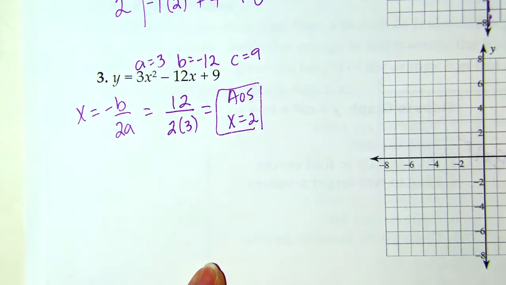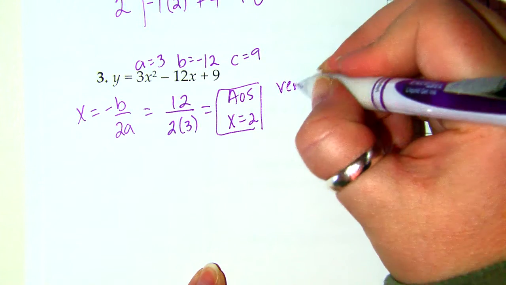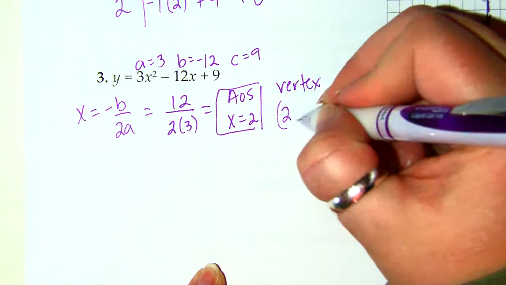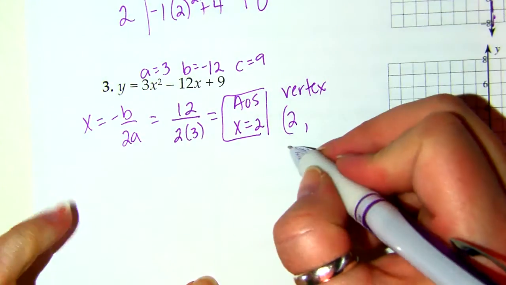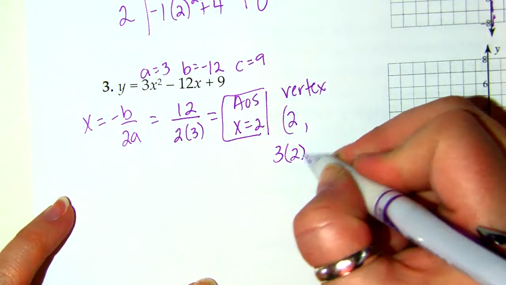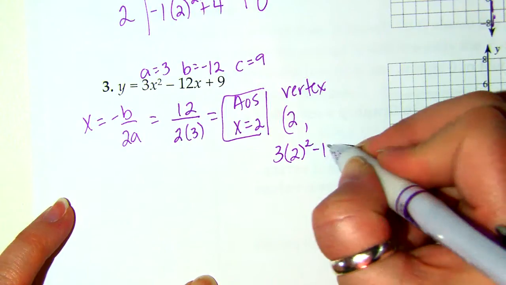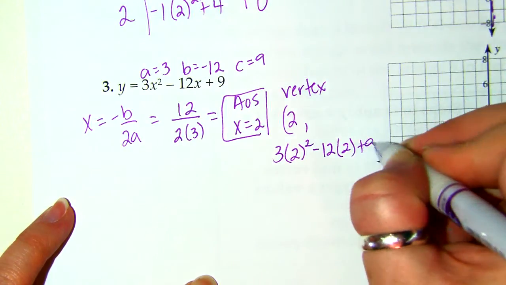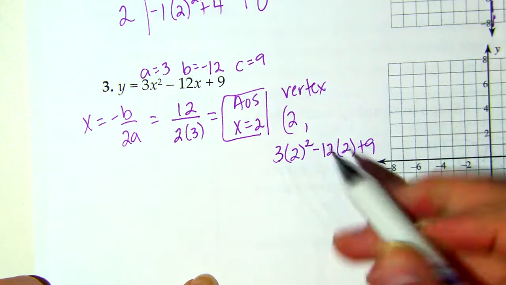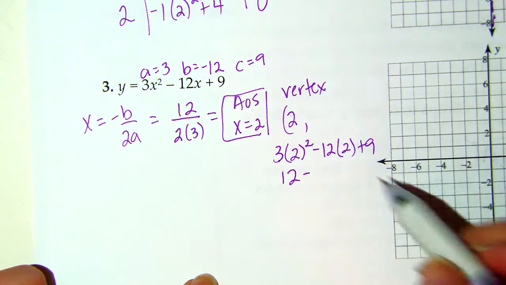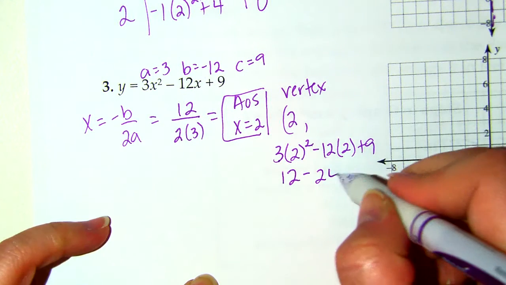And then we need to plug that in to find the vertex. So the x value we know is 2, and we need to find the y. So 3 times 2 squared minus 12 times 2 plus 9. So 2 squared is 4, times 3 is 12, minus 24 plus 9.